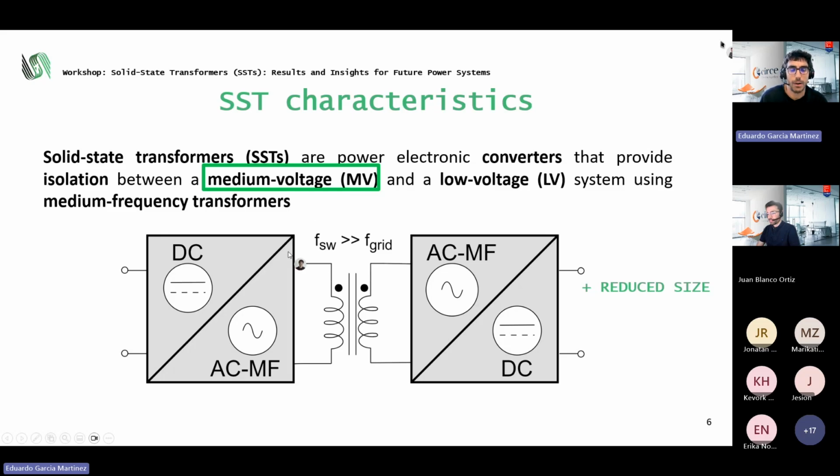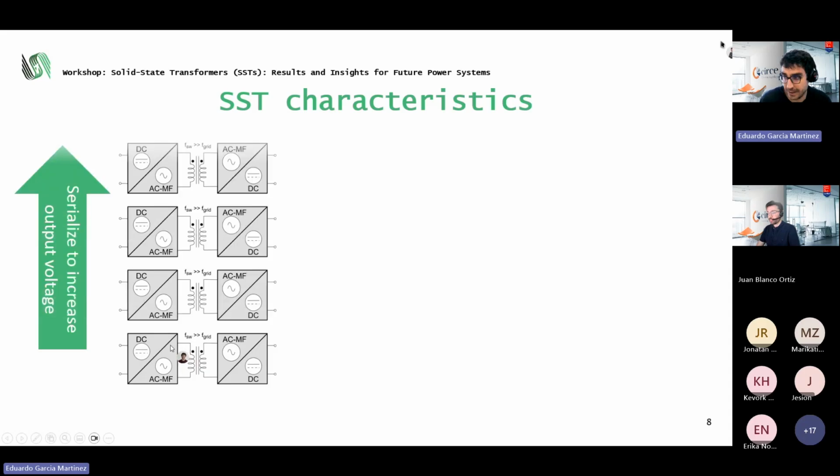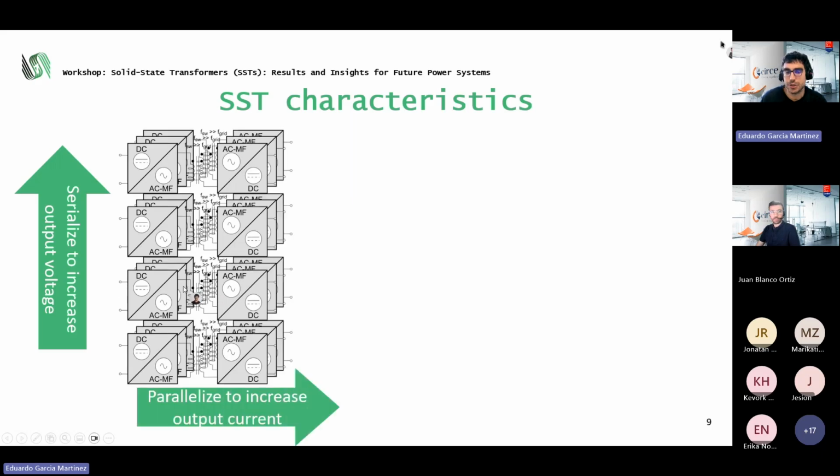So what we can do is serialize these converters in order to reach the demanding voltage of the application. But it is also possible to parallelize the converters in order to reach the current.